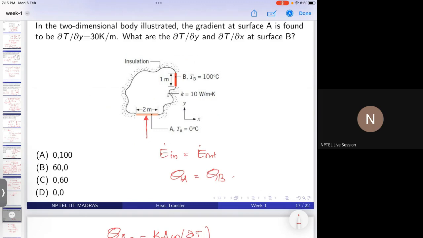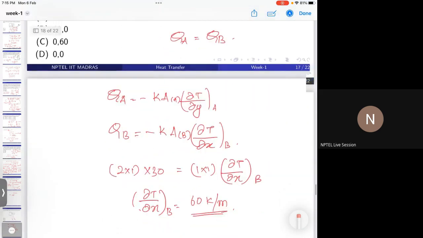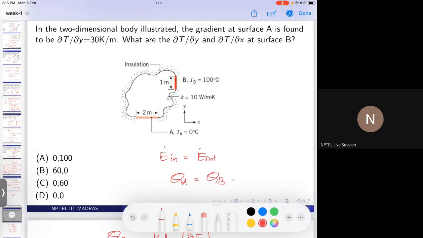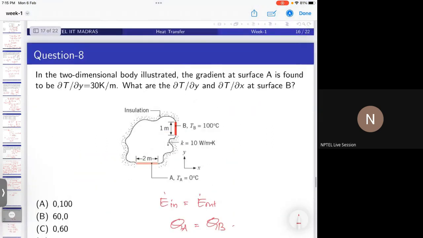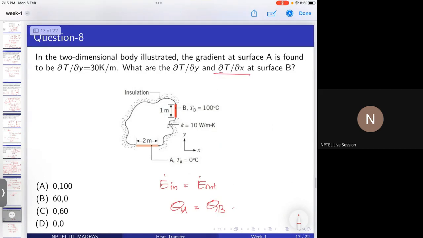Here the direction of heat transfer will be normal to the isotherm. So one derivative, dou T by dou X at B, we found. Will there be any gradient in the Y direction?